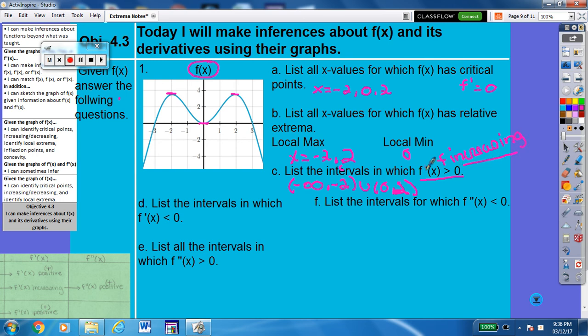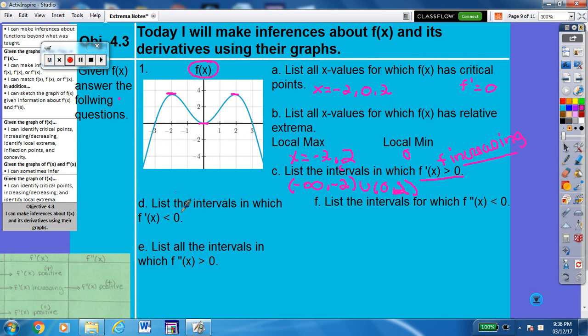So if we had asked where is f increasing, it would have been along the same intervals, but we would have used brackets. Because the question is being asked where is the derivative positive, we have to take into account that at -2 and 2, the derivative is not actually positive, although f is technically increasing at that point. Since the derivative is not positive at those points, we do not include them in the solution.